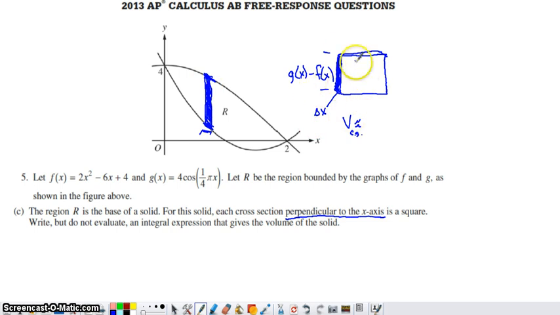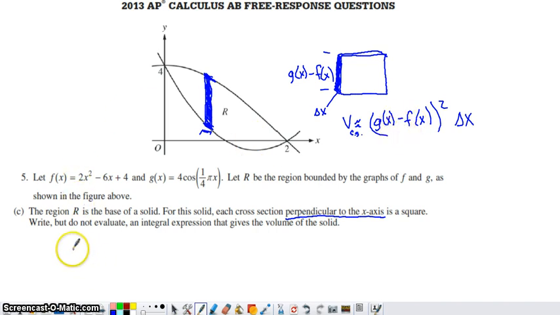So the volume of this one cross-section of the solid is going to be the height that we got from out of the coordinate plane, so g of x minus f of x, times the length across the bottom, which is also g of x minus f of x, so it's really going to be that squared, and that would basically be the area of the square face here, and then times the thickness, which is delta x.